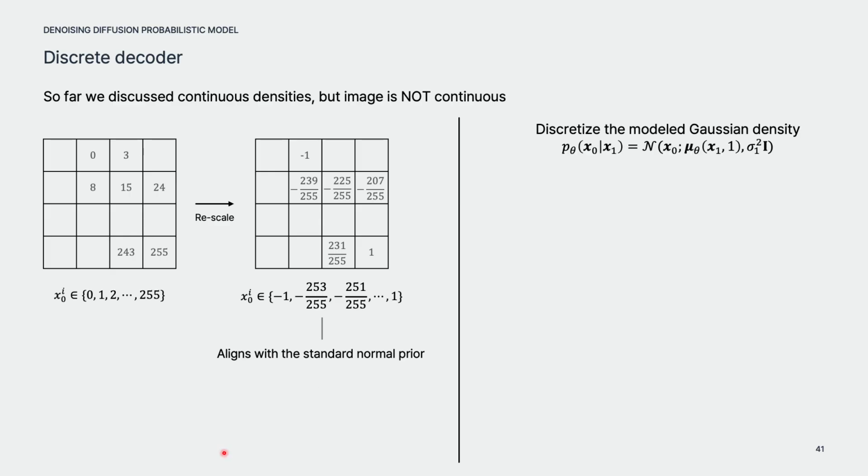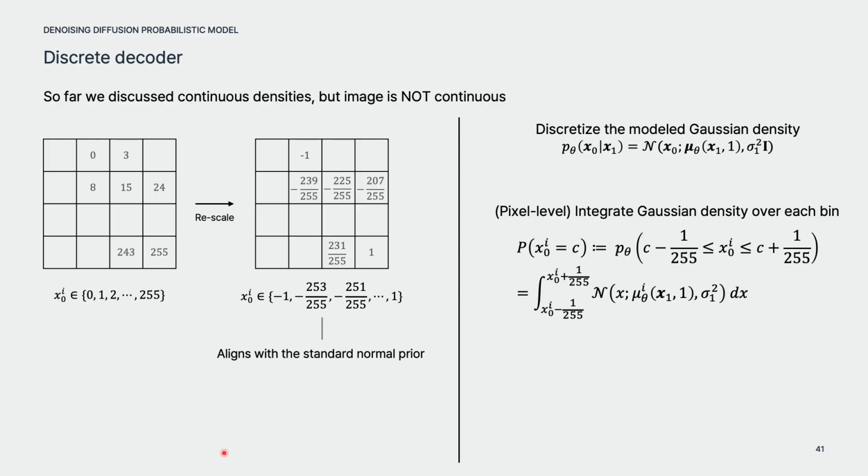And when generating a fixed image from the modeled density p theta of x0 given x1, we integrate the Gaussian density over each bin.